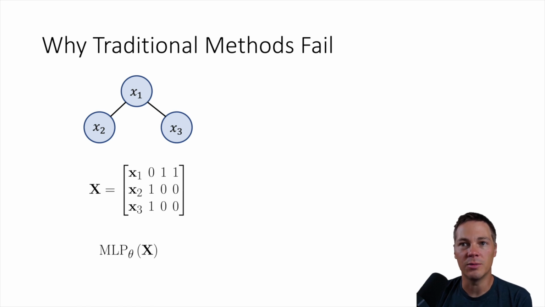So to give a quick demonstration of this, you can imagine we have this graph here of these three nodes, x1, x2, and x3, and this choice of which one is 1, which one is 2, and which one is 3 is arbitrary. And I've just made one up here. And you can imagine that we have this matrix where there's some set of features for x1, which is just represented by this vector x1, and similarly for x2 and x3.